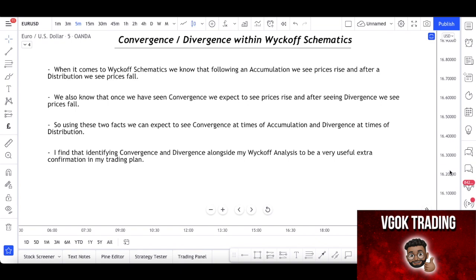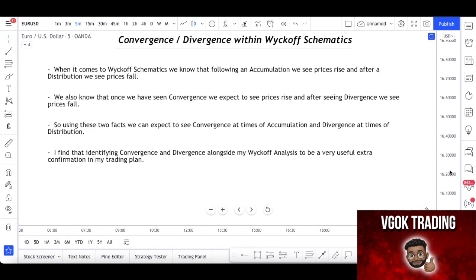So using these two facts, we can expect to see convergence at times of accumulation and divergence at times of distribution. Now, when I personally look to trade, I find that identifying these convergences and divergences alongside my Wyckoff analysis is a very useful extra confirmation in my analysis, in my trading plan.